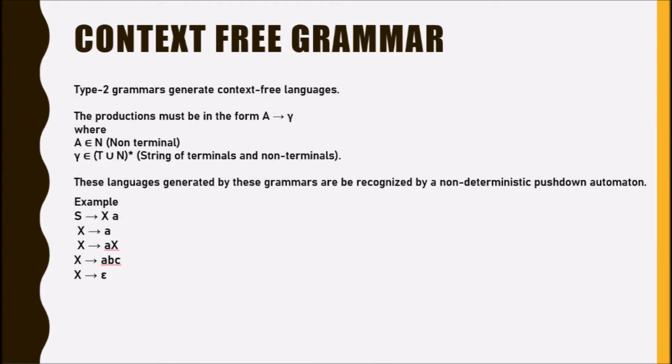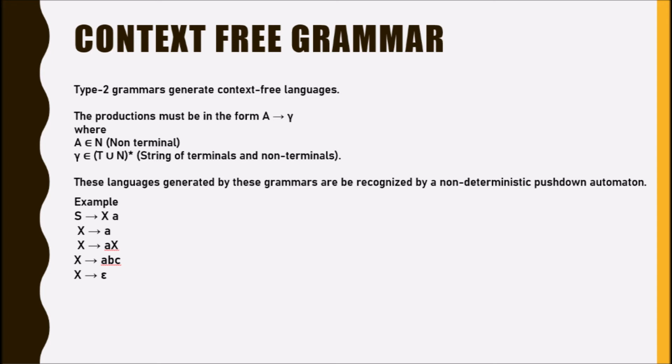Now let's take a look at the context free grammar. The type 2 grammar generates context free languages. The production must be in the form of A goes to gamma, where A belongs to any non-terminal and gamma belongs to a string of terminals and non-terminals. The languages generated by these grammars are recognized by a non-deterministic pushdown automata.